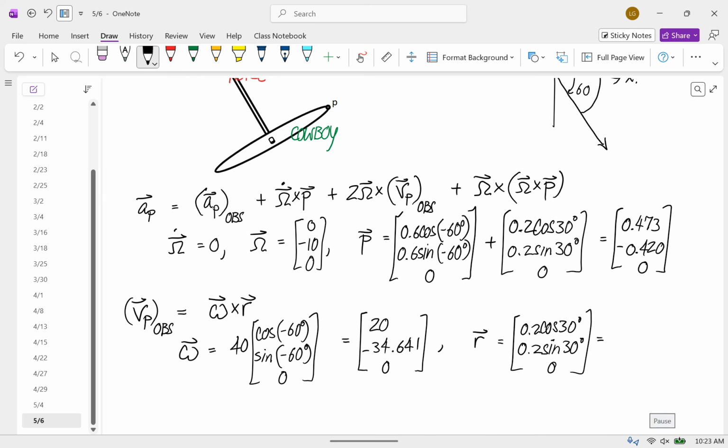And that is 0.173, 0.2 times cosine of 30. 0.173, yeah, and then this one is 0.1 and then 0.